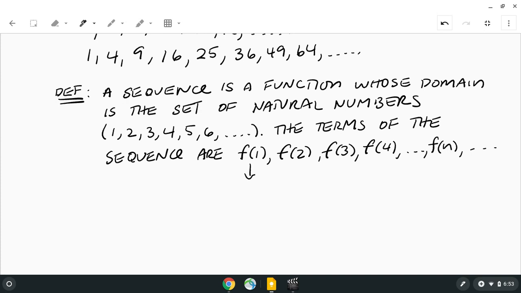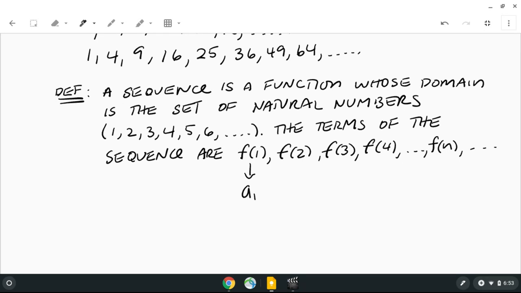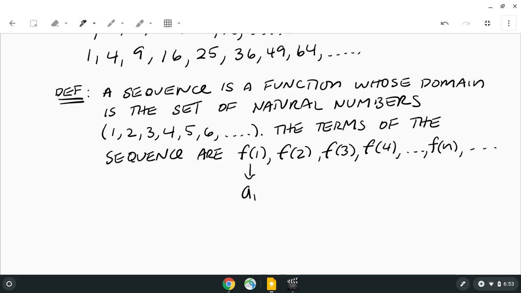We plug in 1 to figure out the first term, but we call that first term A1. We plug in 2 to figure out the second term, and we represent it using A2.